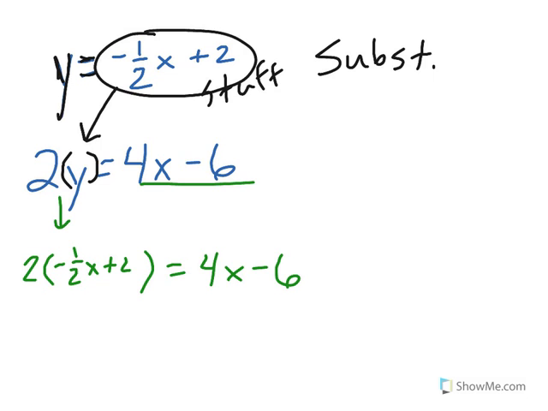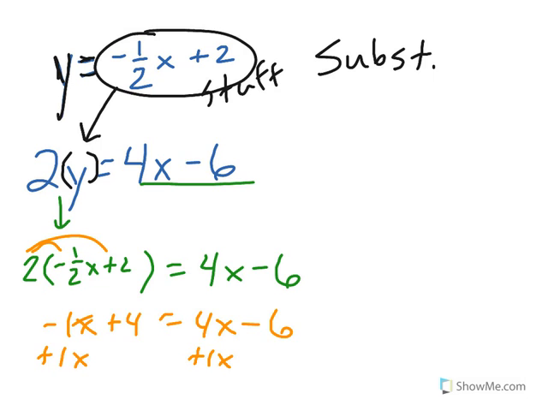So I bet you know a lot of ways to finish this thing off. You could probably distribute your 2, which gives you negative 1x plus 4 equals 4x minus 6. And now let's see if we can gather our variables onto one side. I'm probably going to add 1x to both sides.